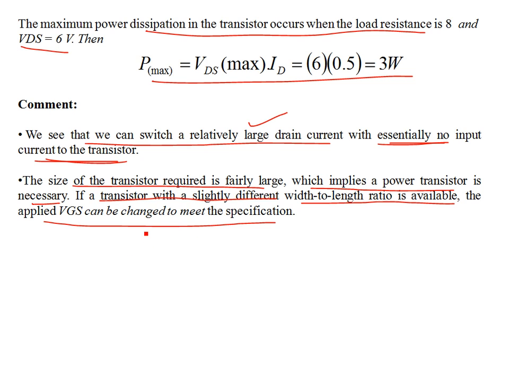So if a transistor with a slightly different width to length ratio is available, then the applied VGS can be changed to meet the specification, meaning the power specification. For this power and the given W to L ratio, they can be interchanged. So you have to find what VGS is required to keep the transistor in the saturation region.